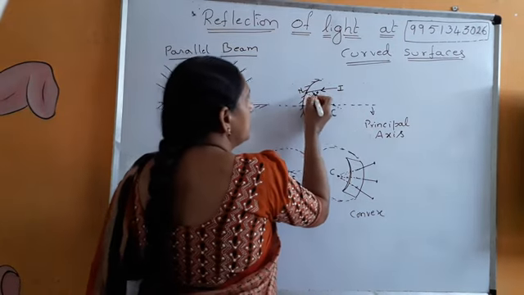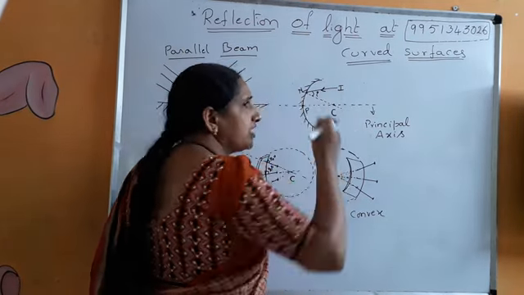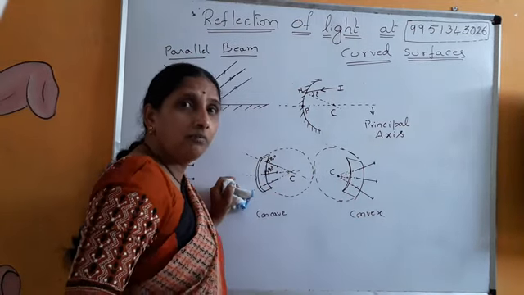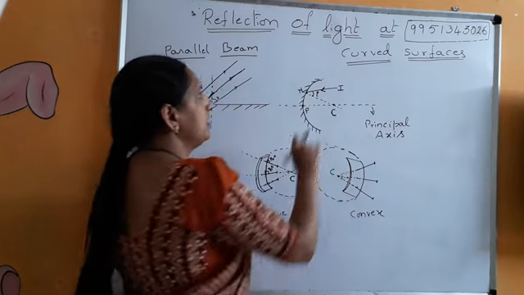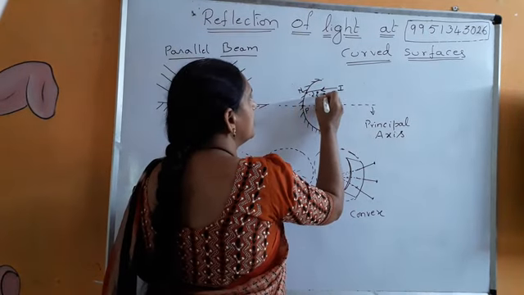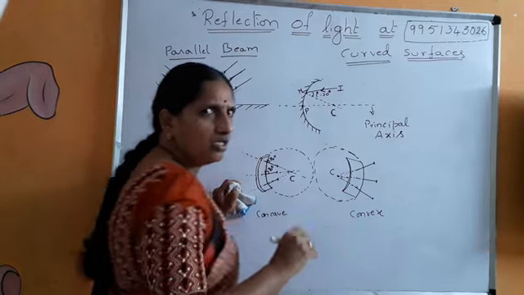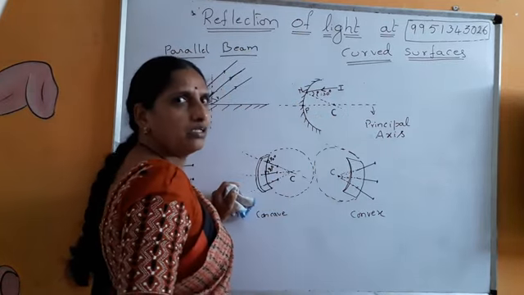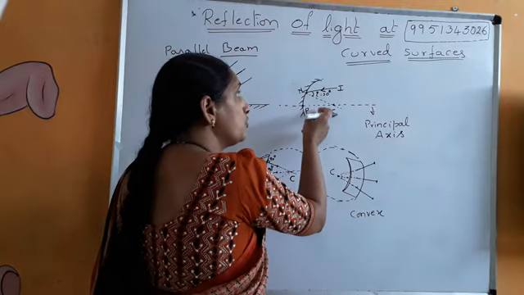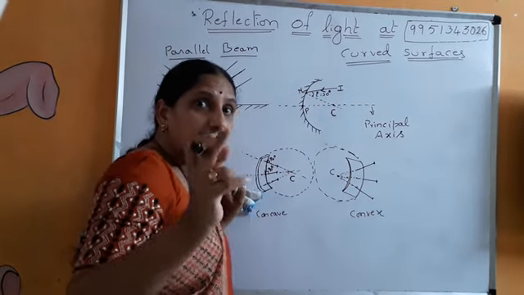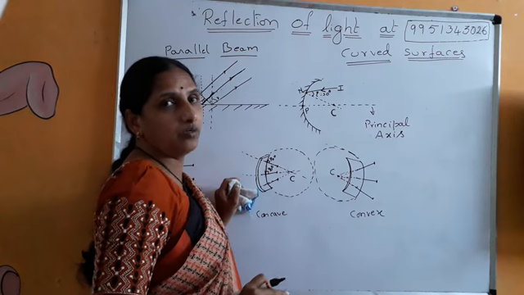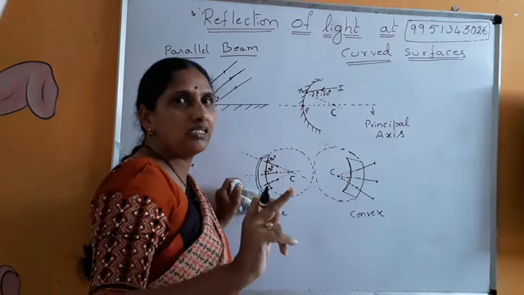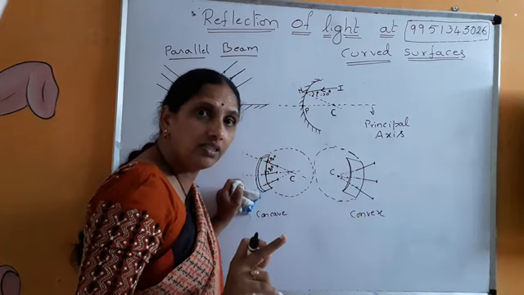Now, this ray should get reflected back into the same plane, making the same angle again. Let us suppose that this is around 30 degrees. I didn't measure it, but let us suppose it is 30 degrees. So your reflected ray also should make an angle of 30 degrees with the normal. If the incident angle is 30 degrees, the angle of reflection should also be 30 degrees.